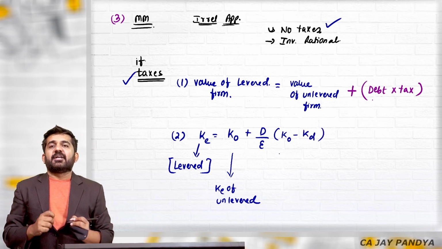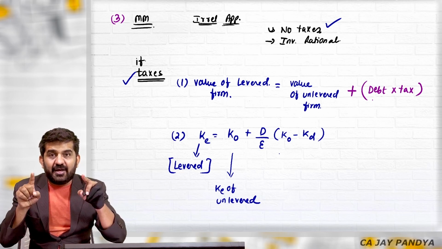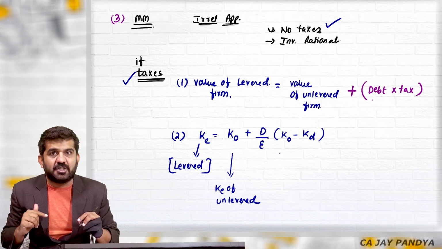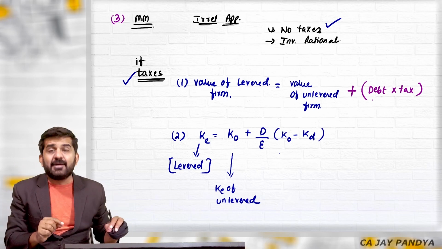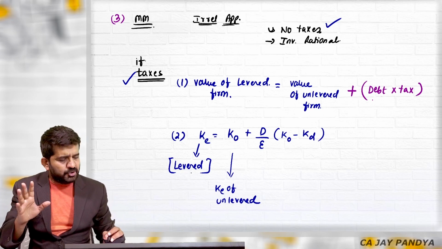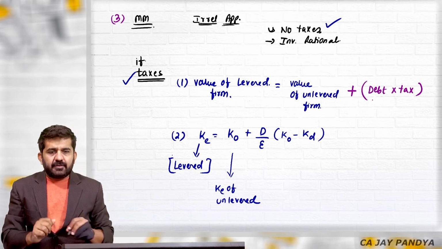I will get the cost of equity, and in the previous session I found it by the normal formula, that is earnings available to equity shareholders divided by value of equity, and then proved by this formula also that KE remains the same, so we can summarize that this is the correct formula for KE.